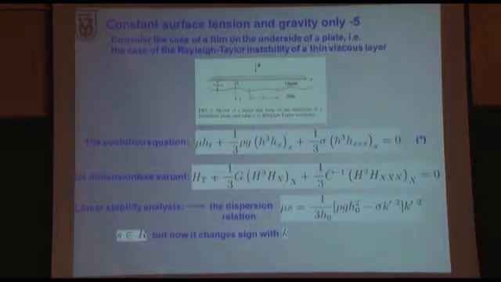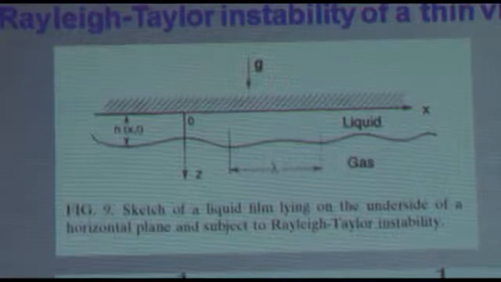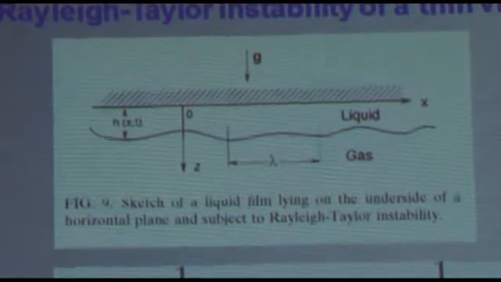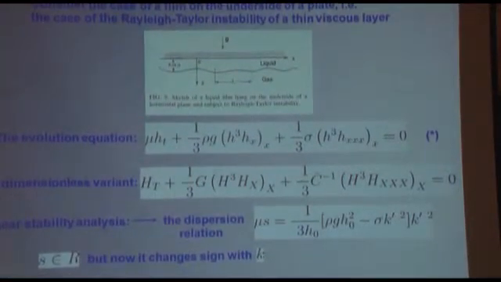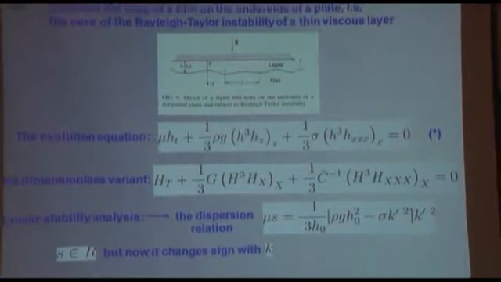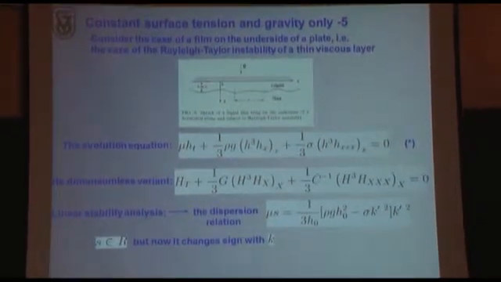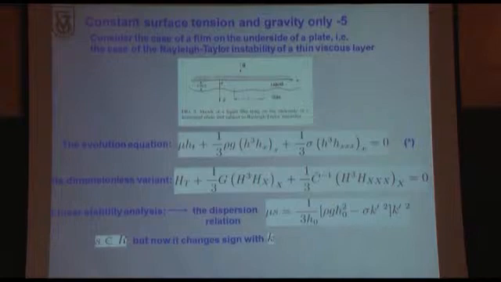Now there might be some disturbance on the surface, and I want to know what happens next. That's my intention. The evolution equation I don't need to derive once again because I had it in the previous example. The only difference is the gravity is negative now, so to speak. So this is the equation. In the positive gravity case, this term had a negative sign. Now it's with a positive sign.